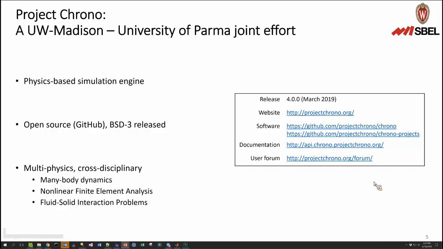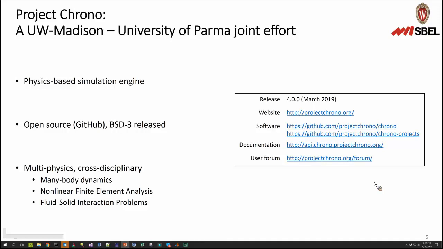This is a joint project with a collaborator from Italy. The name of the software is Chrono. It is a physics-based, multi-purpose simulation engine. It is open source, released under the permissive BSD3 license. In other words, anybody can use it, modify it, sell it if they care to do that, and so on.